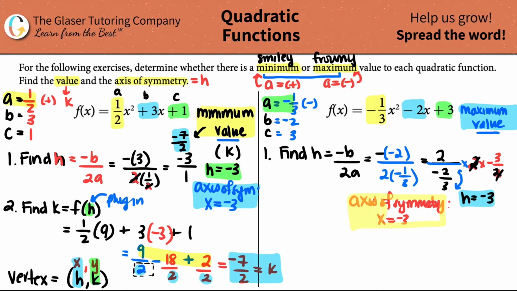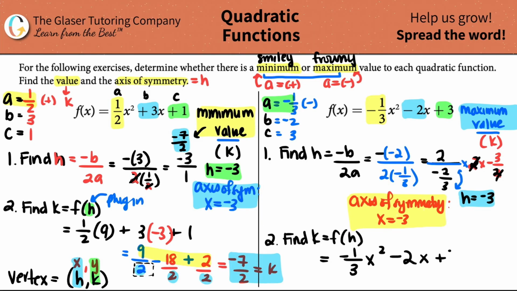Now all I got to do is find that value, and in this case it's going to be the maximum value, right? And remember, that value is always just a k. So we want to find k by doing f of h. You're plugging in that number for all of the x's in your formula. So this formula is negative 1 over 3 x squared minus 2x plus 3.